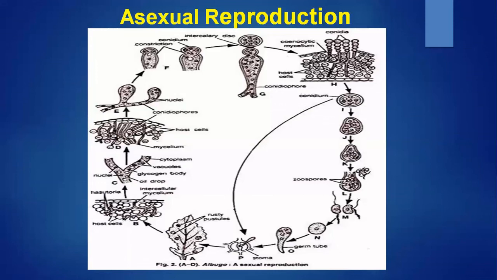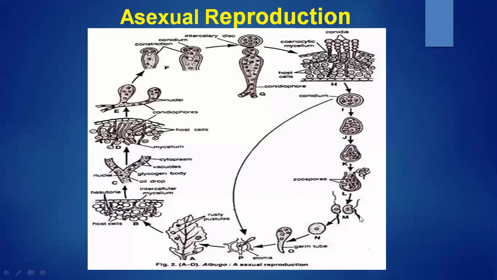Each segment, nucleus along with the protoplasm, metamorphoses into a reniform biflagellate zoospore. This zoospore has two types of flagella: one is whiplash, another one is tinsel.